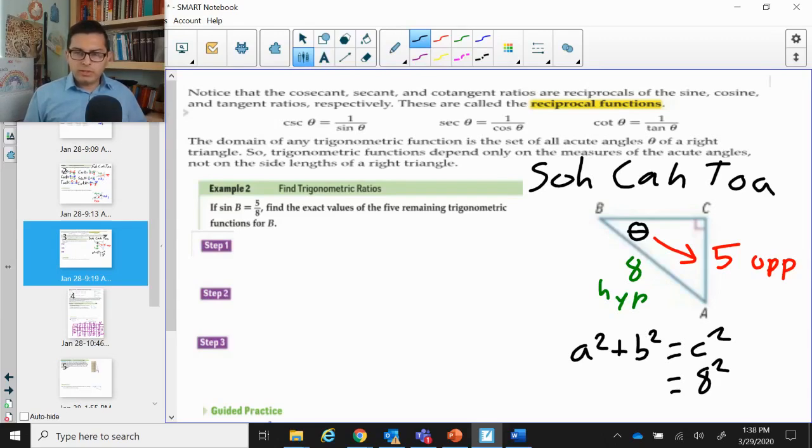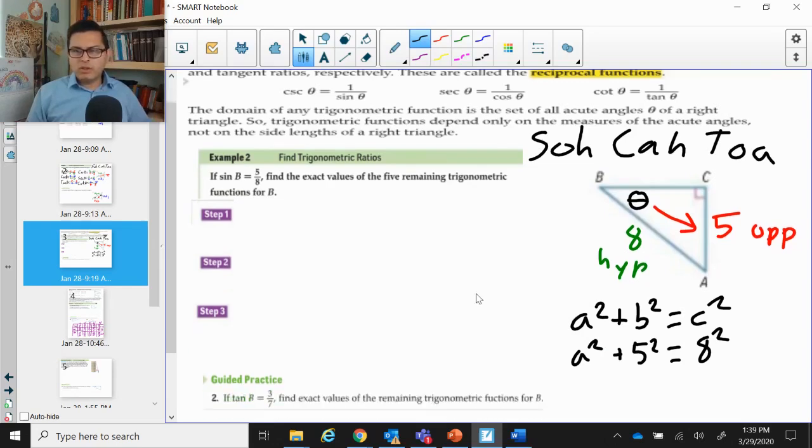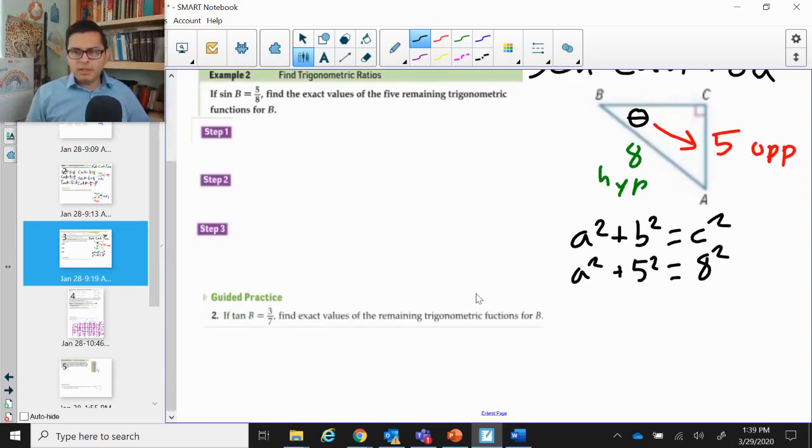Now a and b are interchangeable, so I'm going to choose b. Why not? We're going to use that for 5, so 5 squared. For a, we're just going to leave it as a. A is going to be our new side right over there. I'm going to scroll down a little bit so we can solve out this equation and then go back up to fill it in.